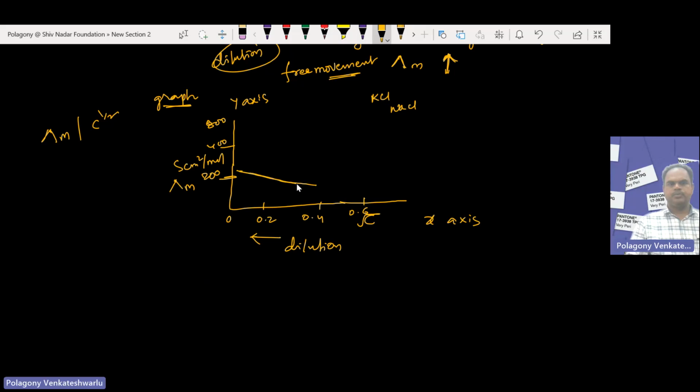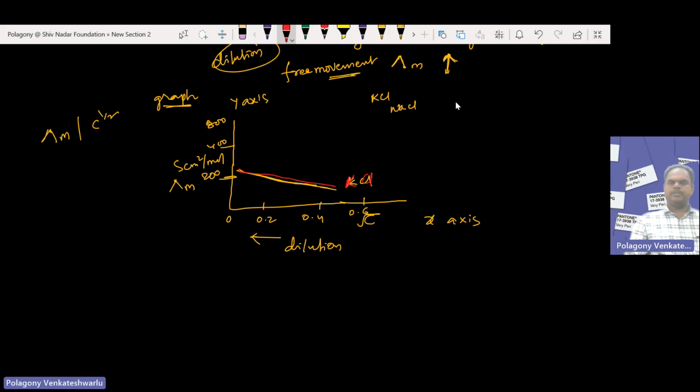So that means for a strong electrolyte, upon dilution, the molar conductivity increases.